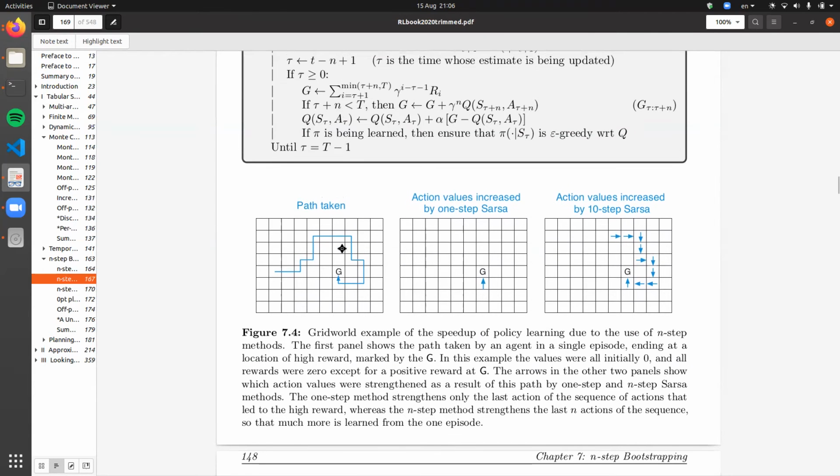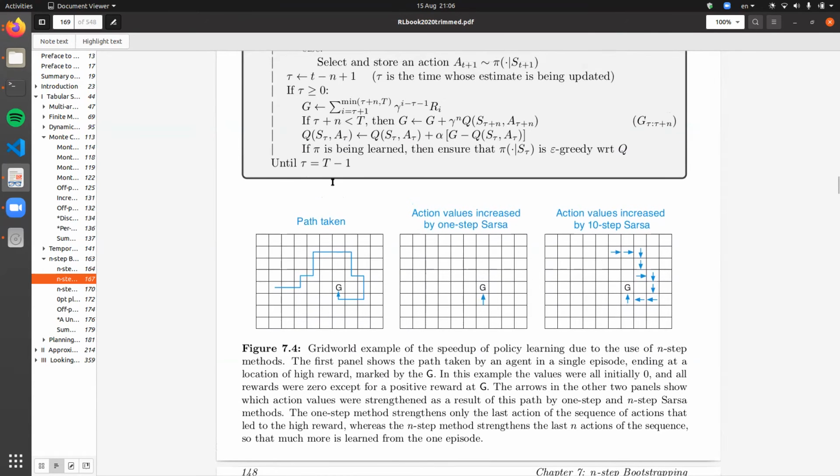So here is an example of how it works. Imagine we are in a grid world here, and we are moving.